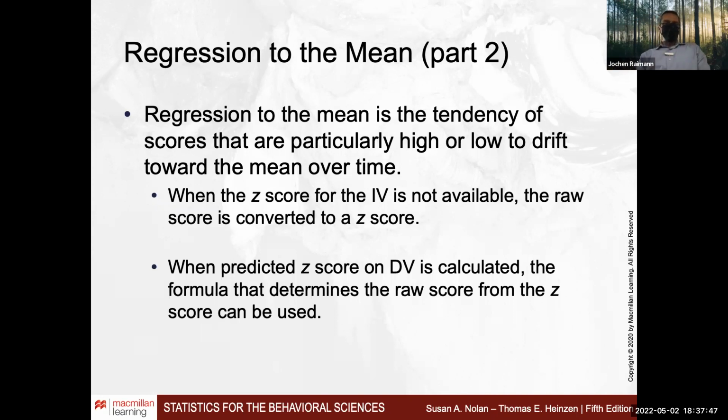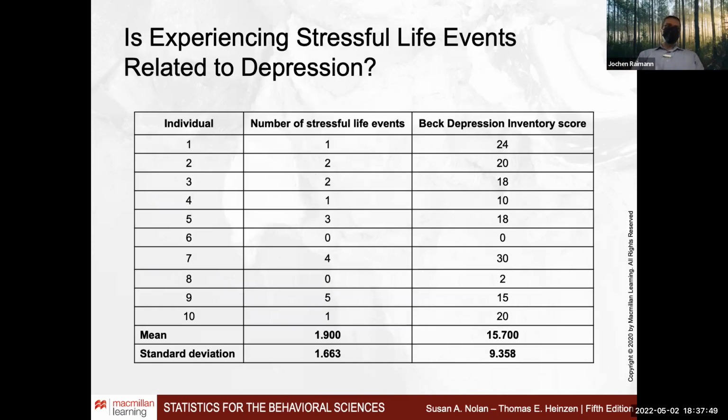So how is this essentially done? Today we're going to deal with an example where we have a data set of 10 individuals that have experienced a varying number of stressful life events. We will have corresponding scores from the so-called Beck Depression Inventory. On the module, you actually have the original publication of Beck.